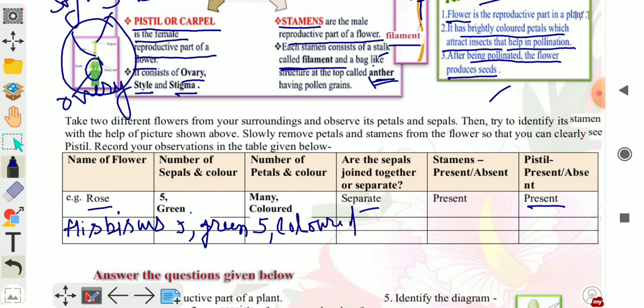They can be red or they can be yellow in color. Are the sepals joined together or separate? They are joined. Stamen is present, and also pistil is present.